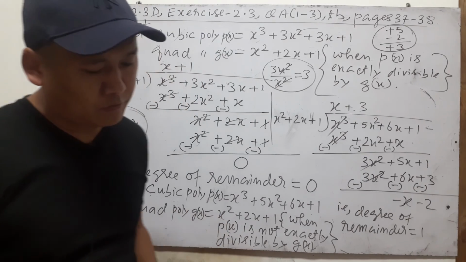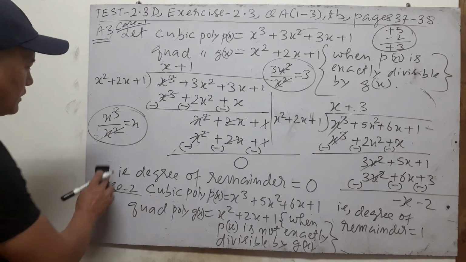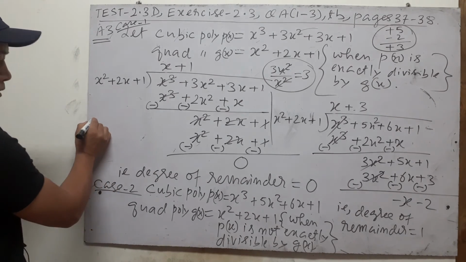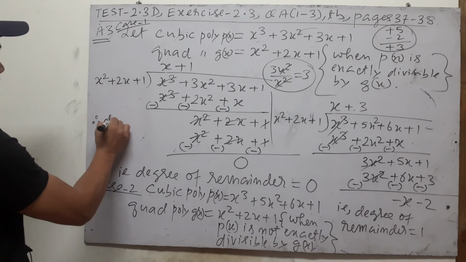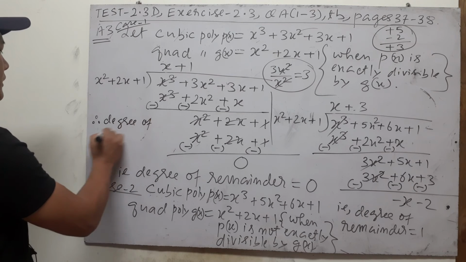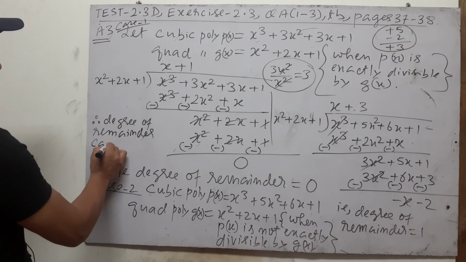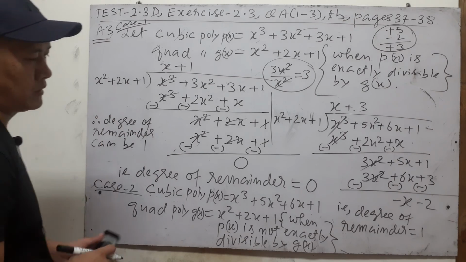Therefore the degree of the remainder could be 1 or less than 1. So the degree is 0 in the first case. Your final step is, therefore, the degree of the remainder can be 1, as you can see here.